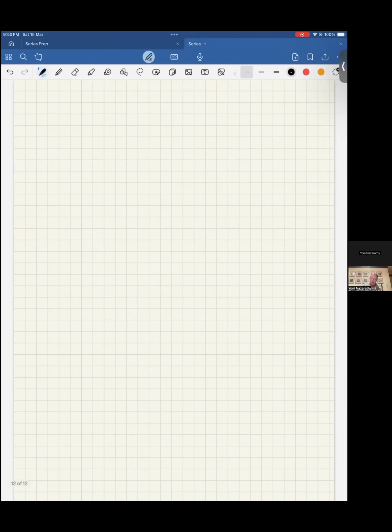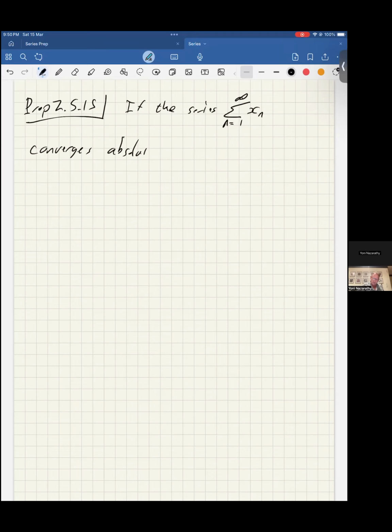Now, the result that's of interest is proposition 2.5.15: if the series, the sum from n = 1 to infinity of xn, converges absolutely, then it converges.